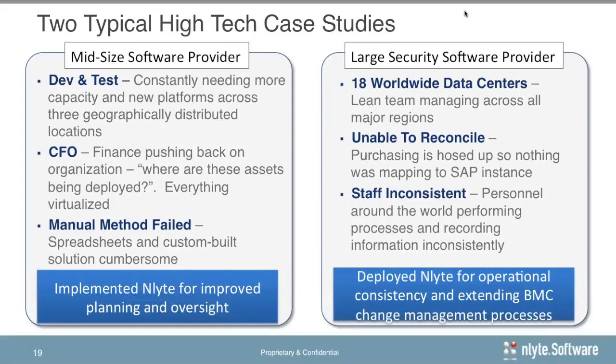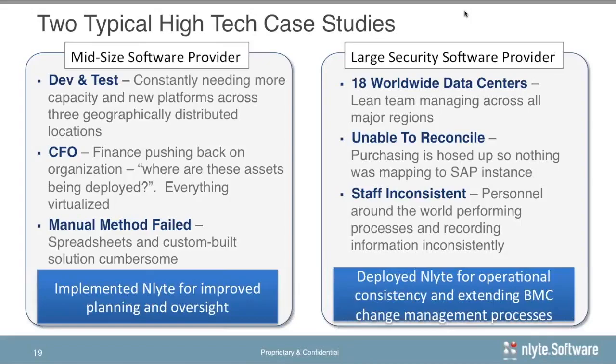And so when they came to us, they implemented Nlyte, and the net result was they improved the overall planning process and oversight, because now they can turn to the CFO and tell them exactly where different POs went, which groups are using those resources, and how they're being applied. So really, this was in many ways to appease the CFO in the case of this mid-sized software provider.